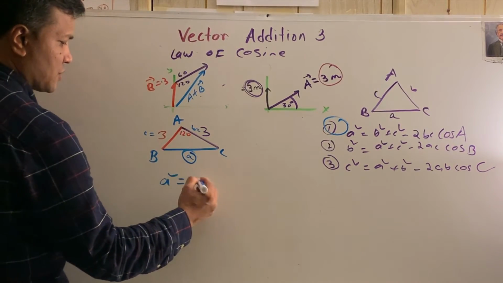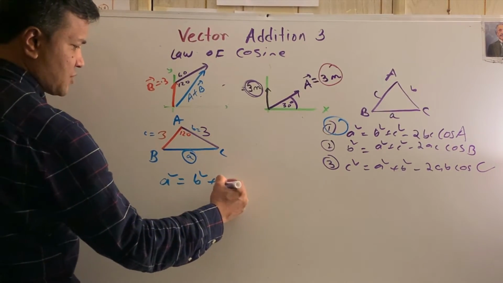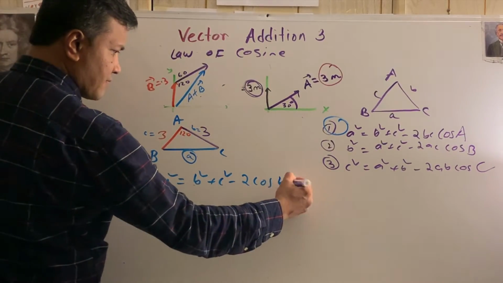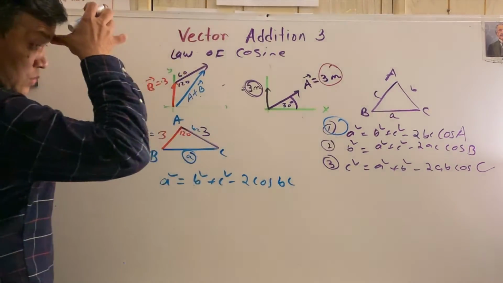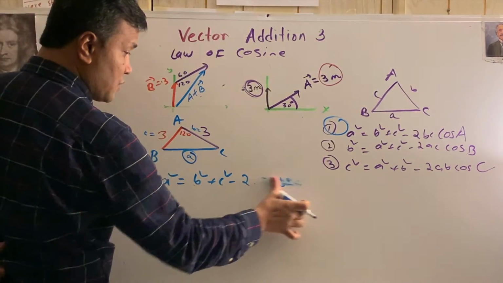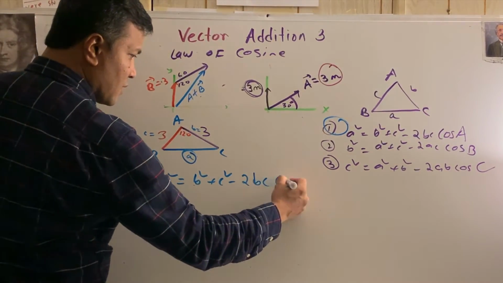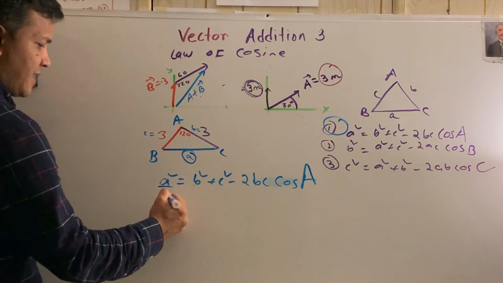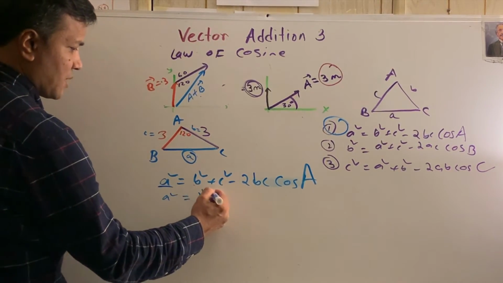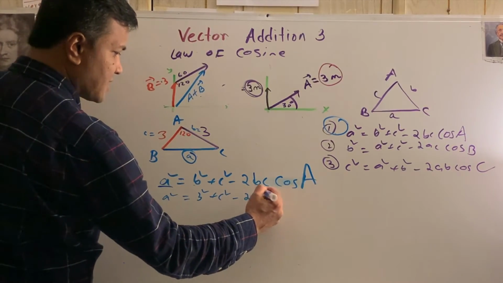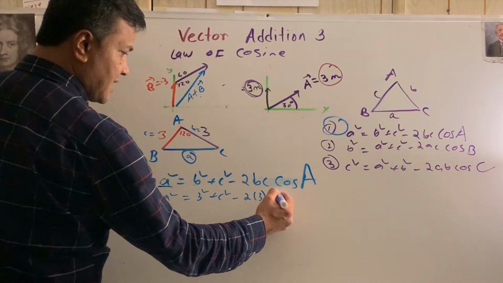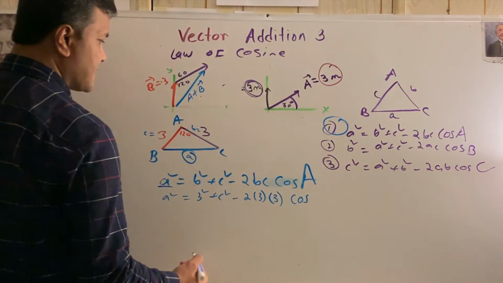A squared is equal to b squared plus c squared minus 2bc cosine A. And so a squared is equal to b, which is 3, squared plus c, which is 3, squared minus 2 times 3 times 3, cosine A, which is 120.